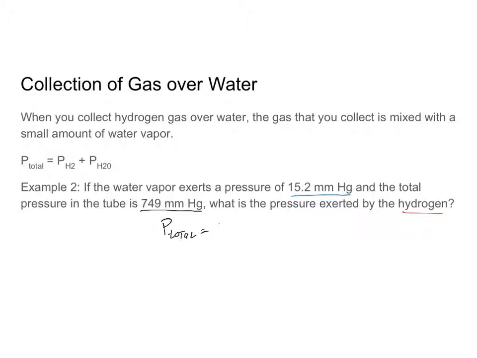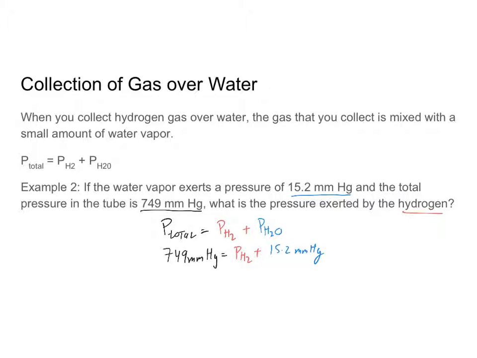So P H2 plus P H2O is equal to the total. Well, I'm telling you that the total is 749 millimeters of mercury. We're trying to solve for P H2, and we know that the water vapor pressure is 15.2 millimeters of mercury.